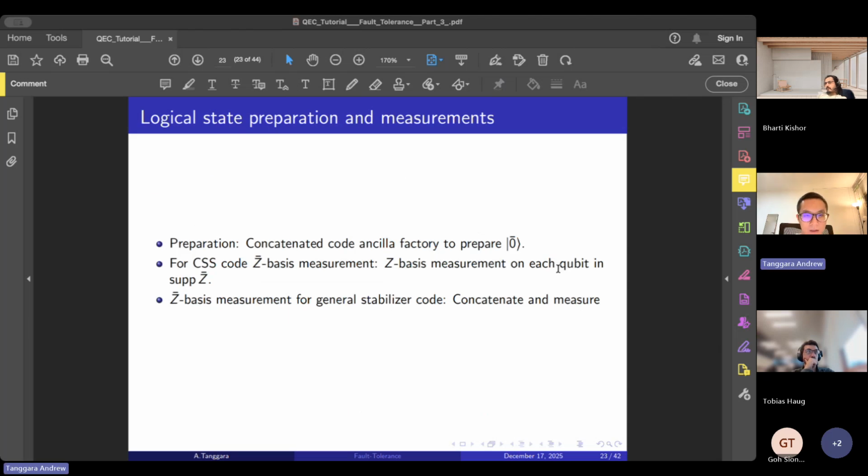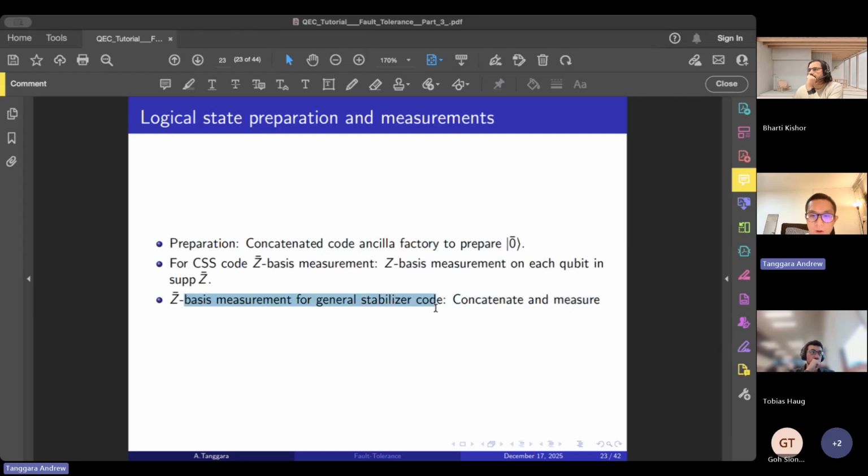If I want to prepare a logical state, for example at the very beginning of the circuit, then I do the concatenated code ancilla factory again. For measurement, if it's a CSS code, it's just transversal because you're guaranteed to always have Z-type and X-type stabilizers or logical operators, so that's just going to be constant time.